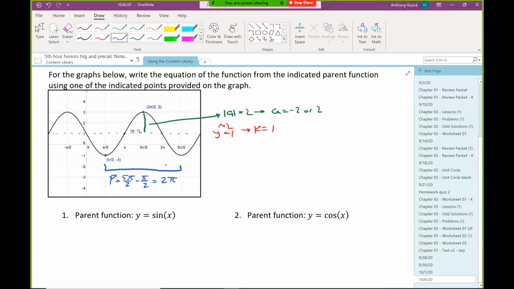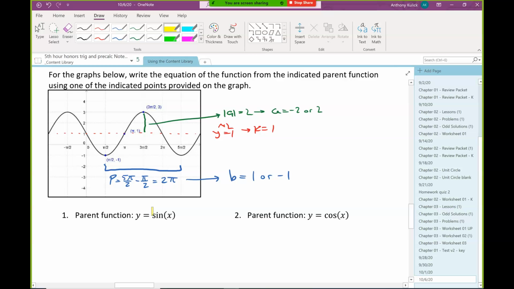Then I'm just looking at how far that distance is from the one minimum to the other, measured on the x-axis. So knowing that, I can see immediately that b is either going to be 1 or negative 1. Since the period is 2 pi and the period is 2 pi over the absolute value of b, b had to be either positive or negative 1. Okay there. All right.